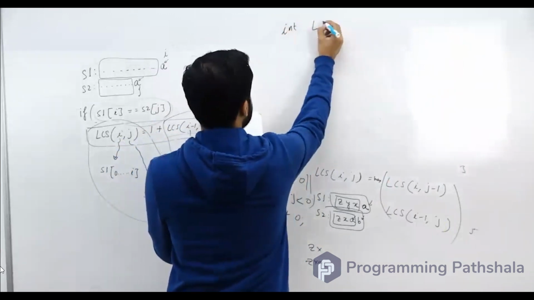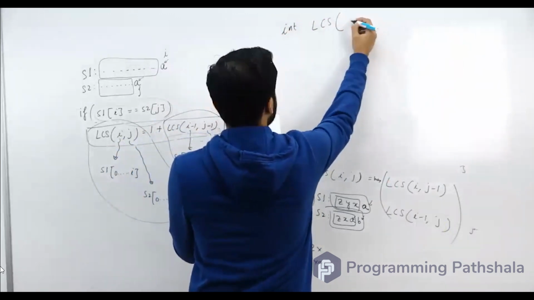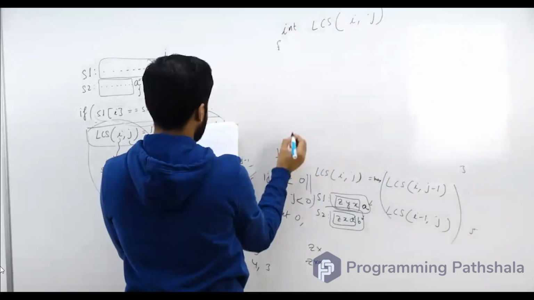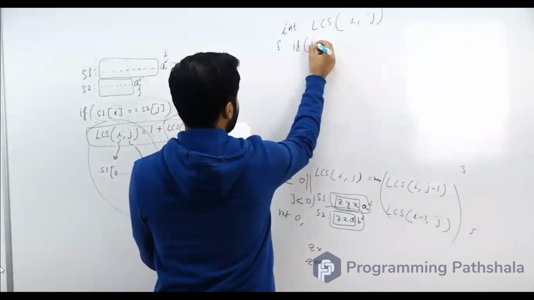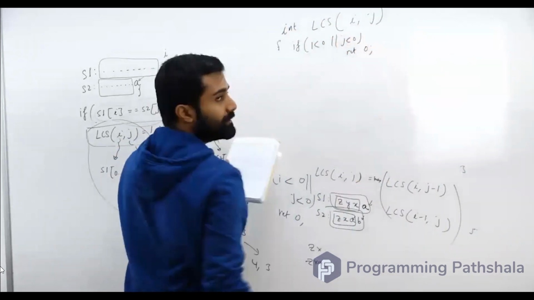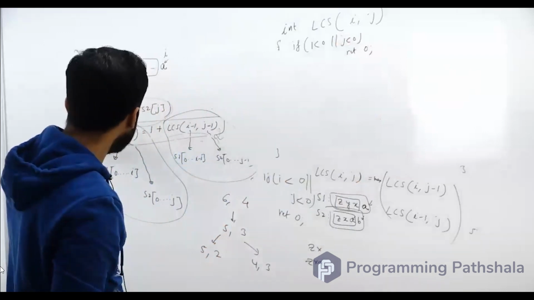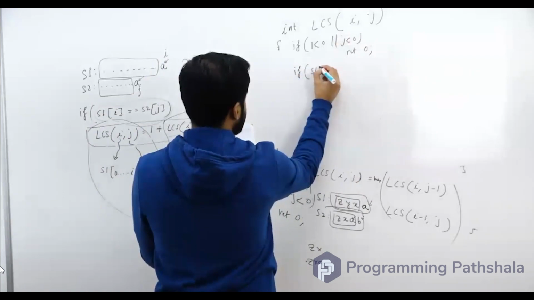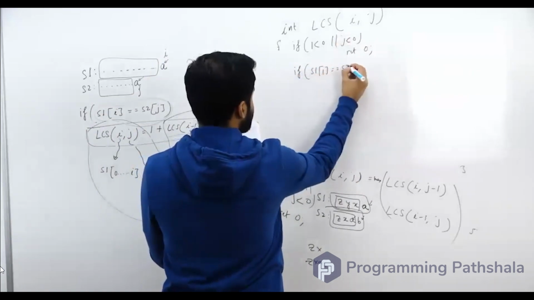So let's say there is an LCS method. Here you pass I and j, which denote the indices. So if I is negative or j is negative, return 0. Otherwise, you need to check which condition is true. I mean, you just check if the last characters of S1 and S2 match against one another or not.